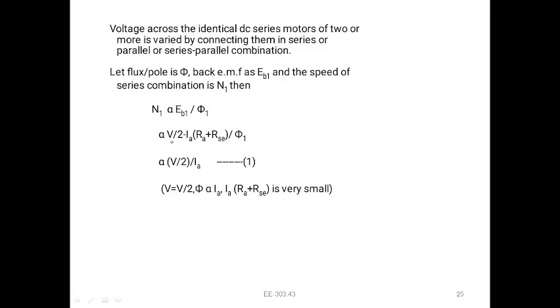So V1 equals V2 equals V by 2, and Eb equals V by 2 minus Ia times (Ra plus Rsc). Here the voltage drop is very small.